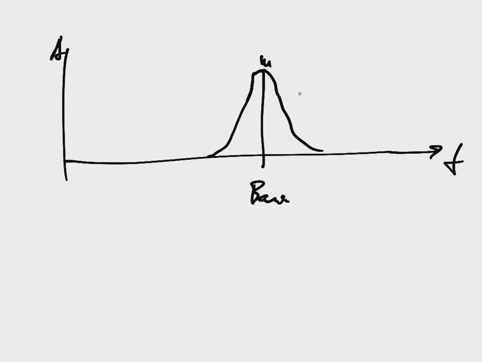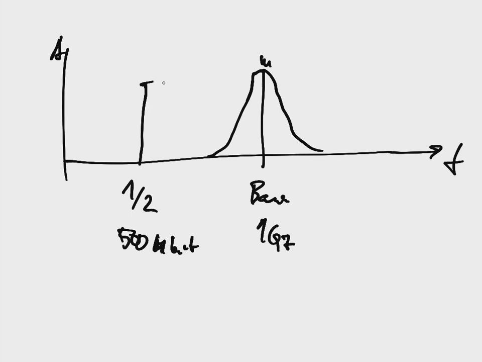Every time you modulate it a little bit, the actual frequency changes a little bit forward and backward. And you can send as much data as up to half of your base rate. For example, if here you have 1 gigahertz of frequency, you can send up to 500 megabits per second as a data rate.